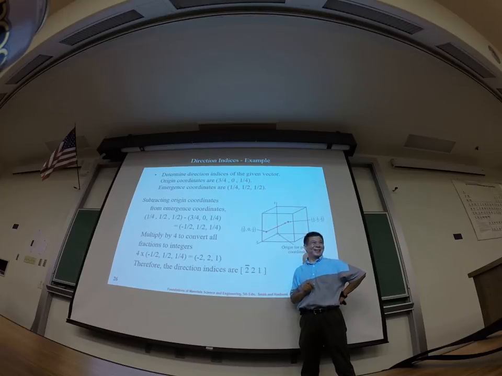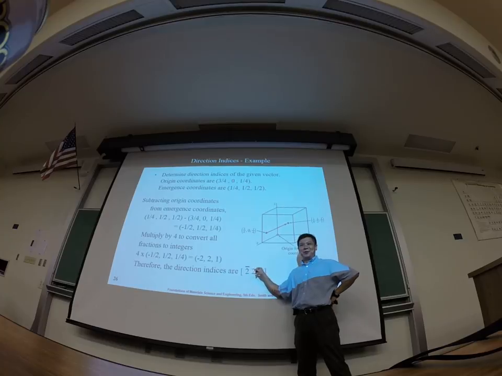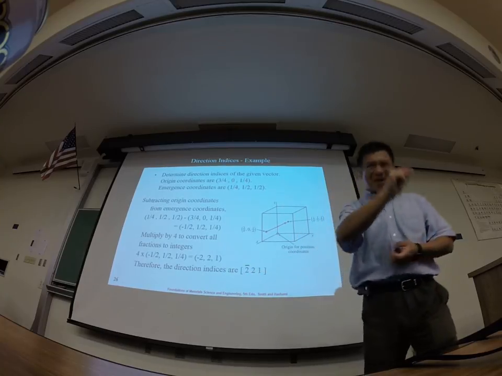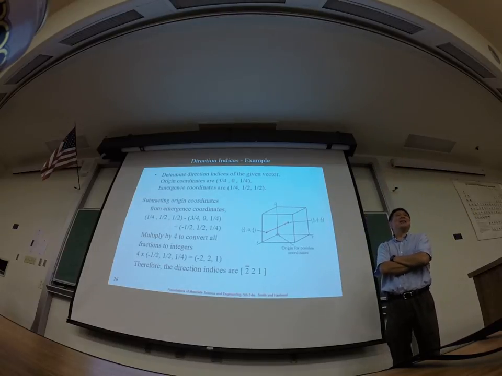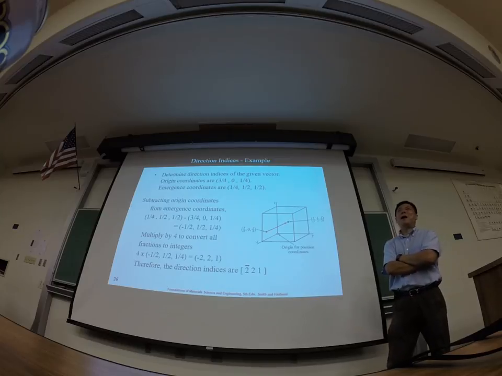What does that mean? Or it could be something like 0, 1, 0, something, right? What do you guys think? That's a very good question. Is that possible or not?